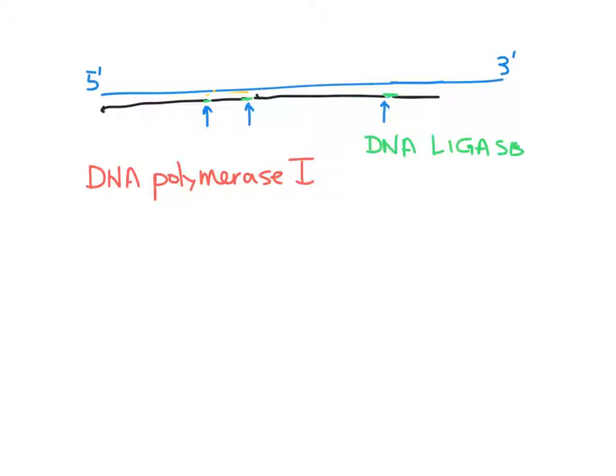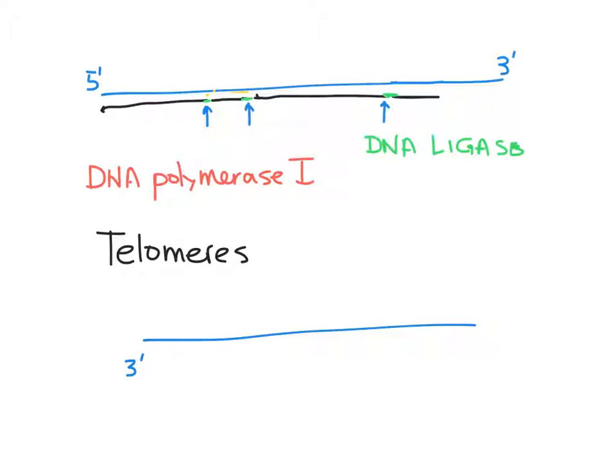the presence of what's called telomeres. Okay? And telomeres are sequences of DNA. If you looked at that 3' strand, remember there was the 3' to 5', and then what came on was a primer, and then the new DNA strand happened.